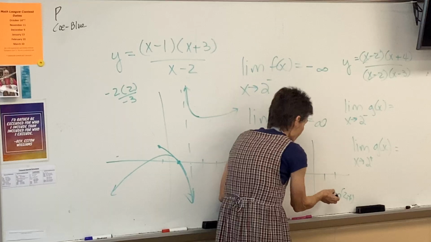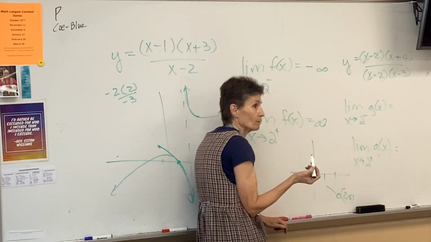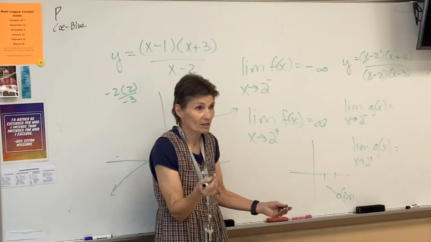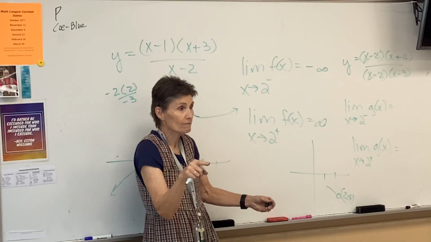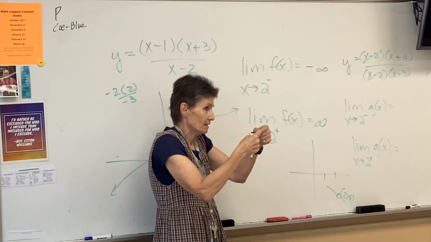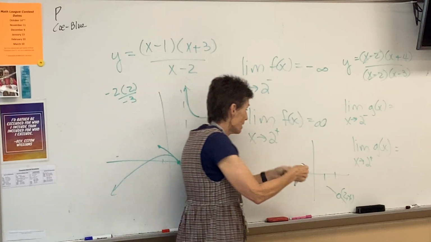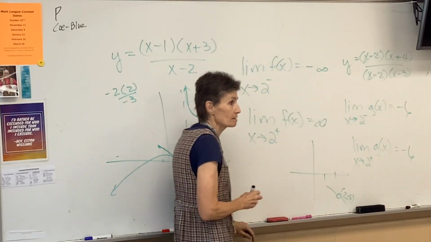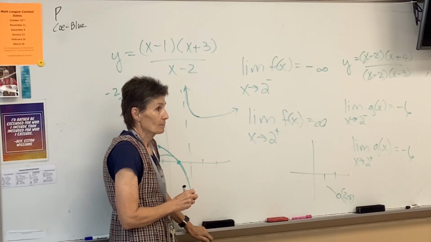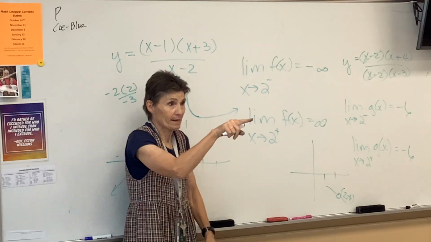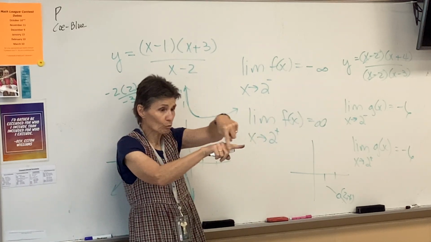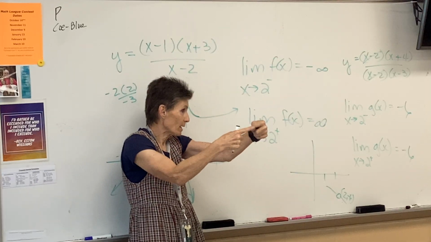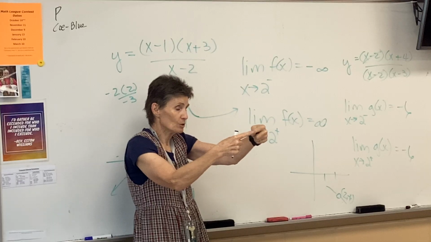I know that that hole is part of the picture. And since the hole is part of the actual curve, it doesn't matter which side I come at it from. My y value is going to be -6. It's not an asymptote, it's a dot. And you're gonna go through that dot. So when you come to it, that's the limit right there. That y value is the limit.